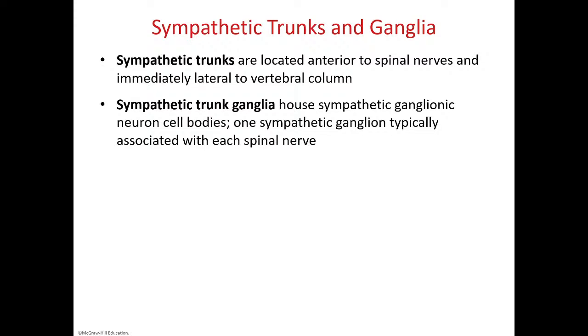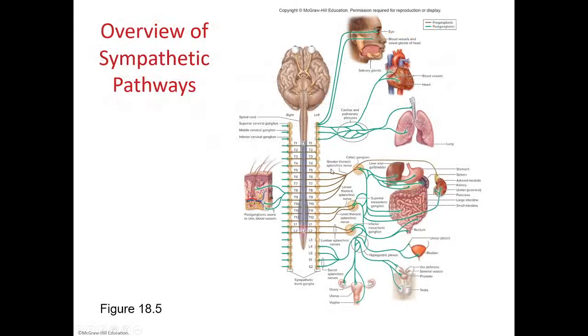All right, so sympathetic trunks are located anterior to the spinal nerves and then immediately lateral to the vertebral column. The sympathetic trunk ganglia house sympathetic ganglionic neuron cell bodies, and one sympathetic ganglion typically is associated with each spinal nerve.